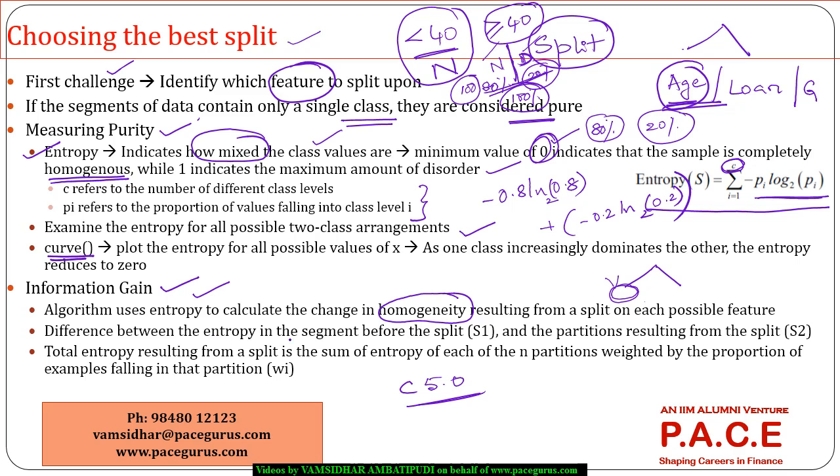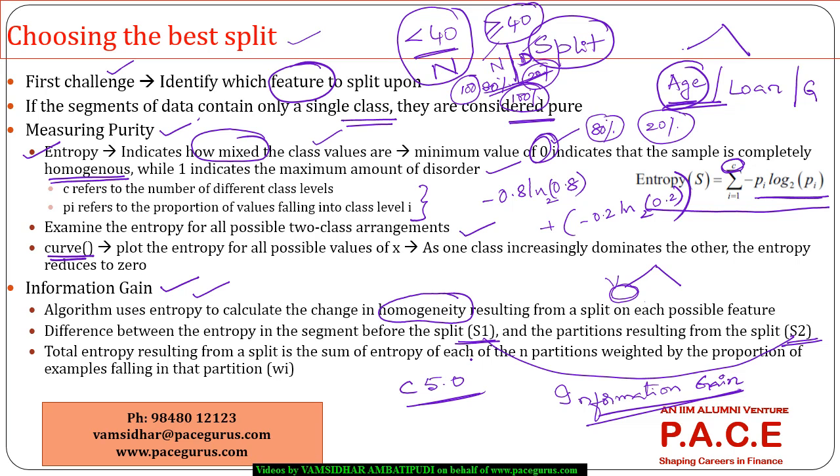So I have to look at what the entropy was before the split, what the entropy is after the split based on a particular feature, and by how much the entropy got reduced. That is what we call information gain. It is by how much the entropy is coming closer to zero because of this particular split. So if the entropy is reduced quite drastically, then that feature would be used for splitting the data.